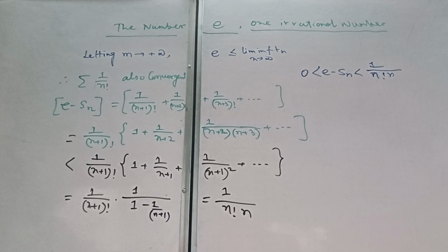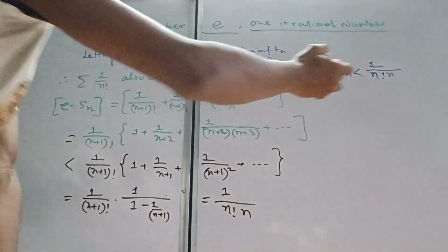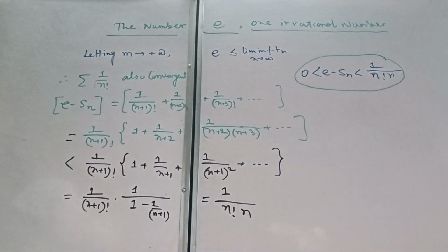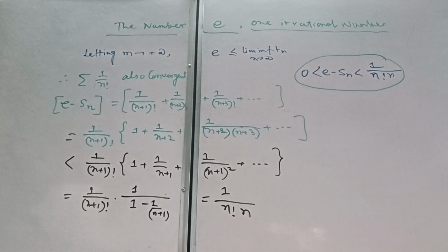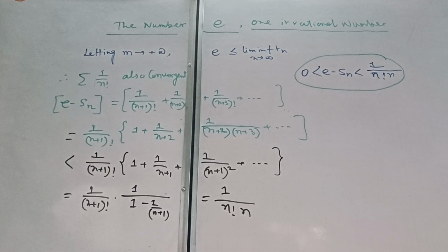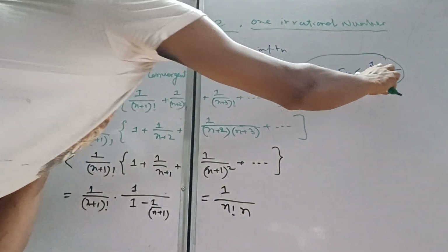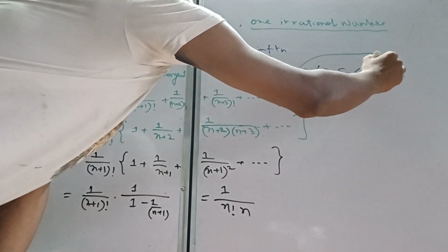So e is approximately S10, we do not think about that, but we are now interested in this inequality. That means 0 less than e minus Sn less than 1 by factorial n multiplied by n.